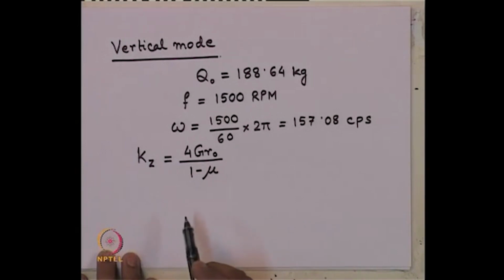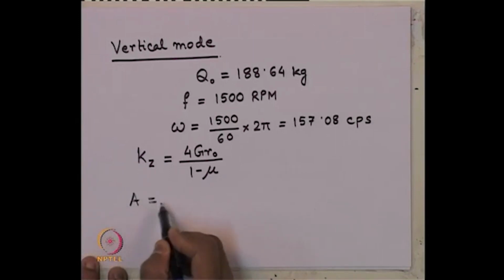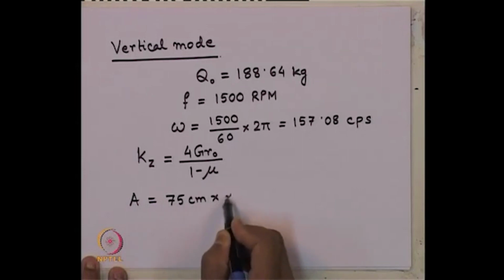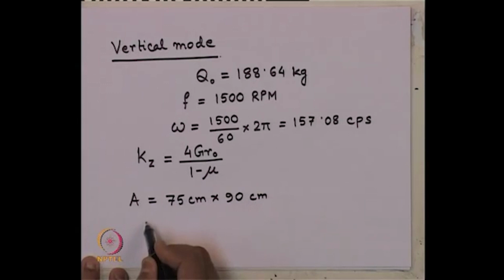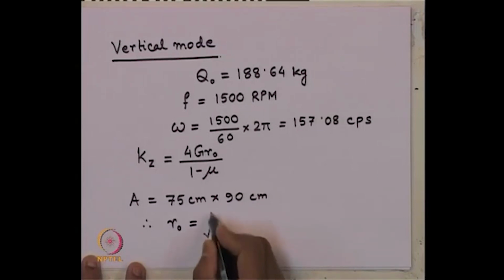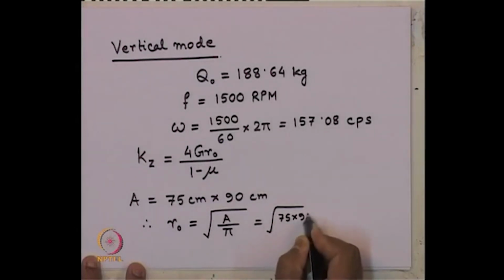In this case, the base area of the foundation is given as 75 centimeter by 90 centimeter. Therefore, r naught, the radius of the equivalent circular base, will be root over A by pi, 75 times 90 by pi.